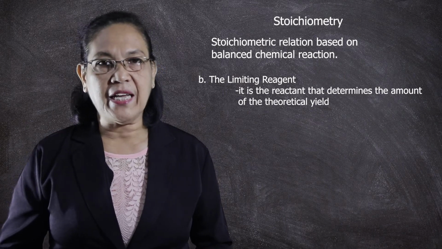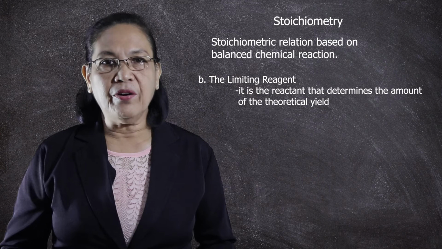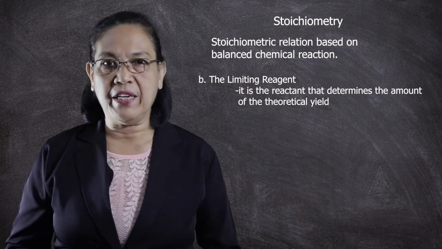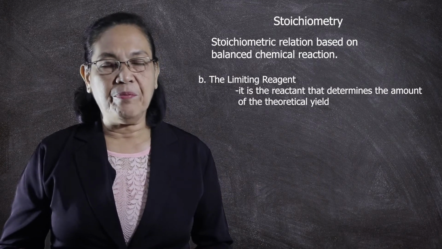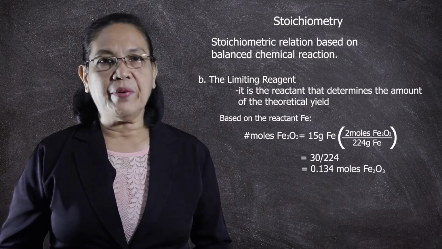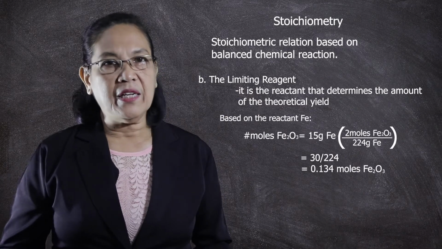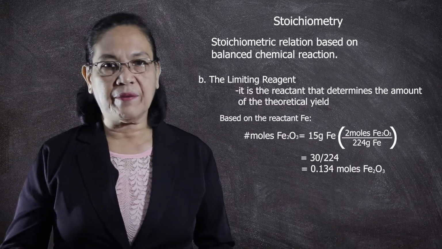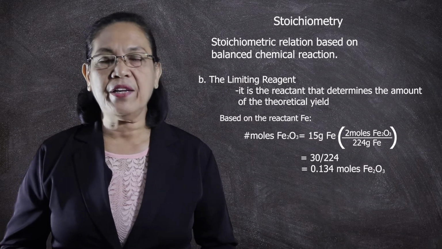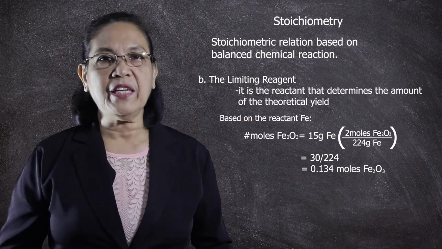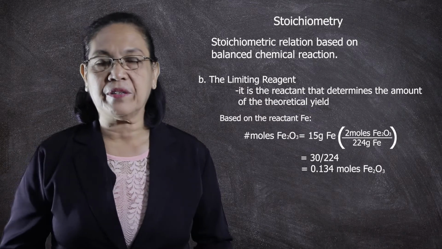Now, step 3 says that you are going to get the number of moles of the desired product. Based on the reactant iron, it is given in the problem that 15 grams of iron reacts with 20 grams of oxygen.